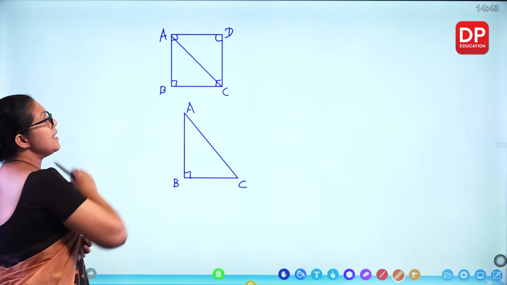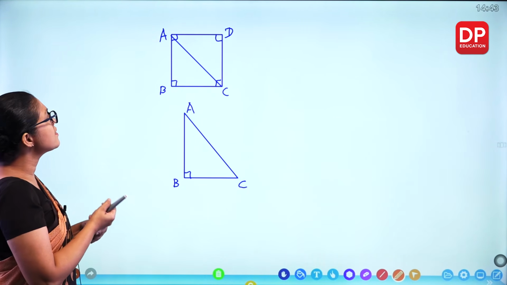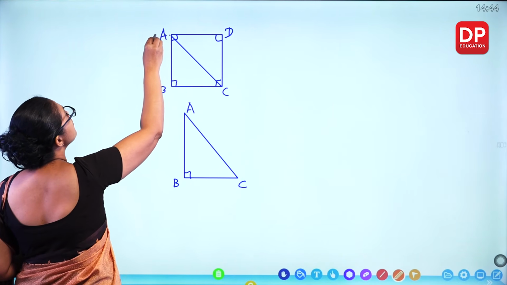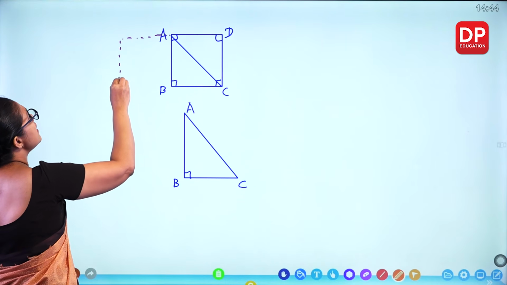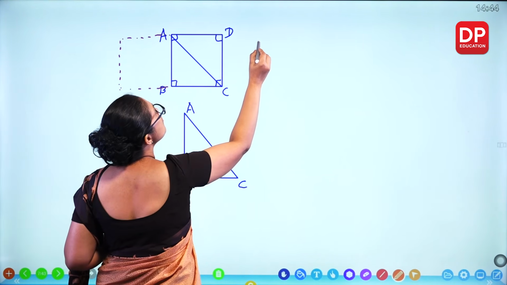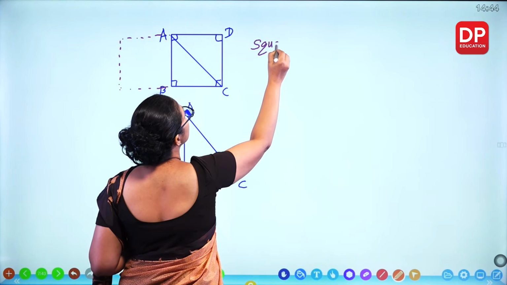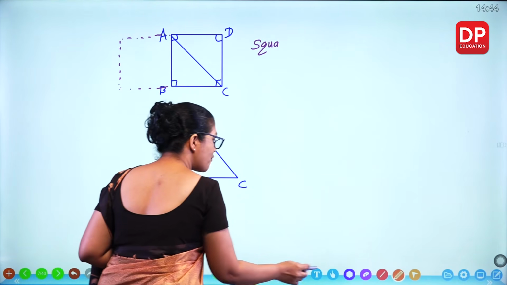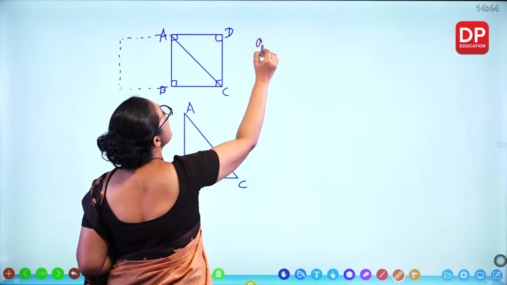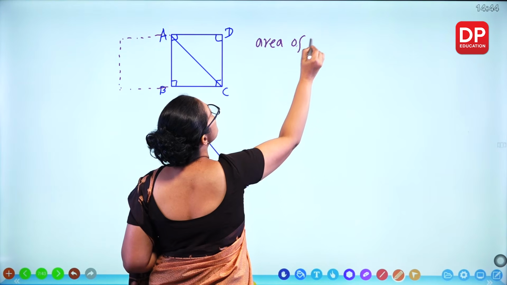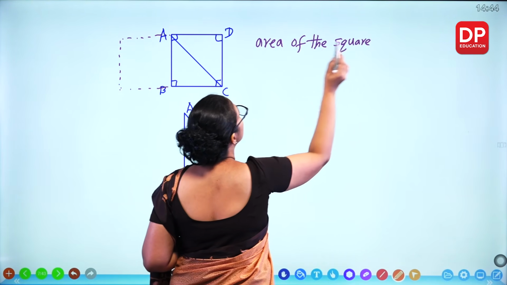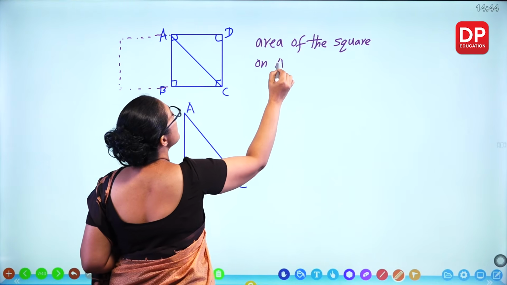When you take AB, what's the square on AB side? If you draw a square on AB side, you get the same length as this. So what's the area of the square on AB side?